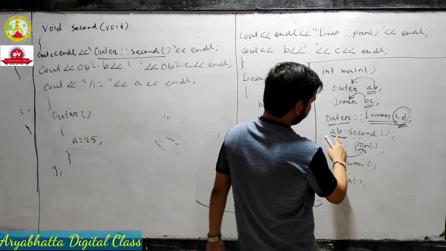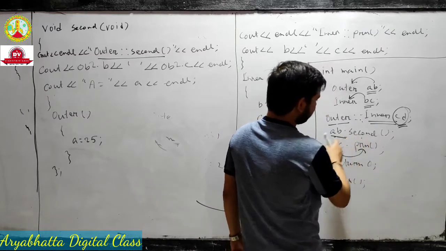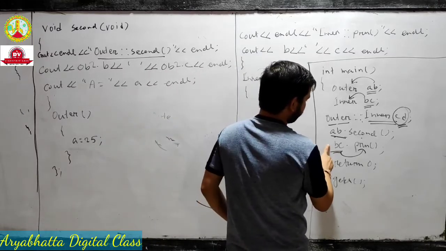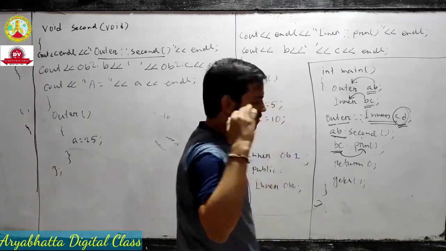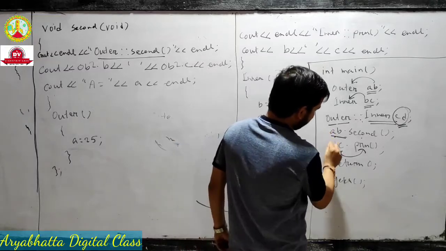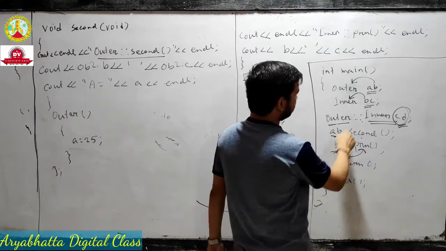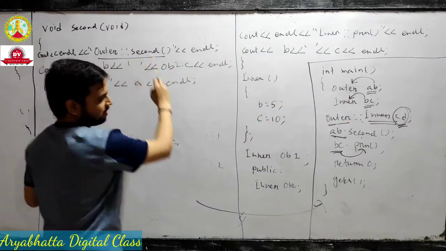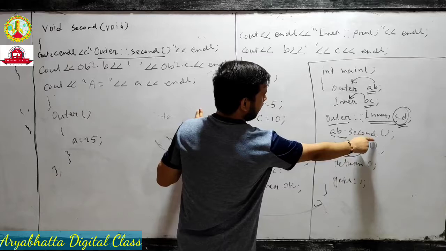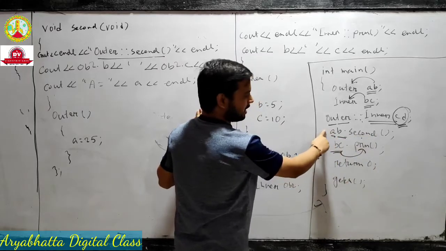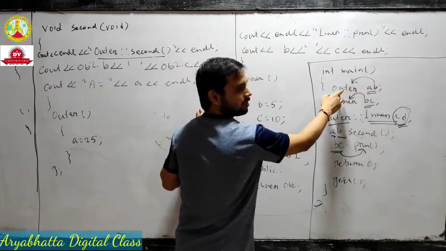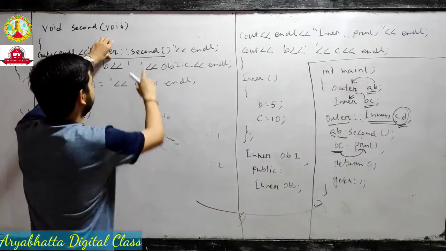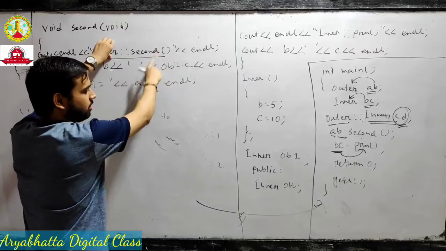Okay, and AB dot second means AB accesses the second member function. Many questions come to our mind: why can we not write BC here, and why not AB here? Because AB is used for outer, and outer is related to the second member function. Again, AB is the outer class object, and the outer class object's member function reference is second, right?